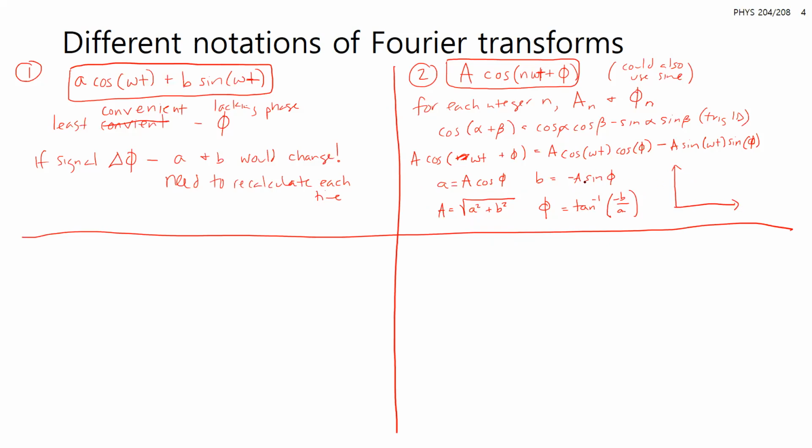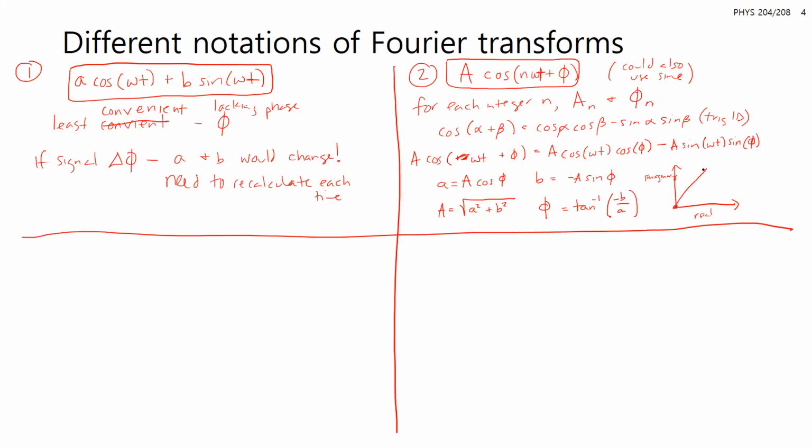We can also visualize these constants and the representation on a complex plane, and this is going to become important in some of the fourth notation as well. So this is the imaginary axis on the y, and then we have a real axis here. And we're going to represent this as a phasor. A phasor is a vector that's pinned at the origin.